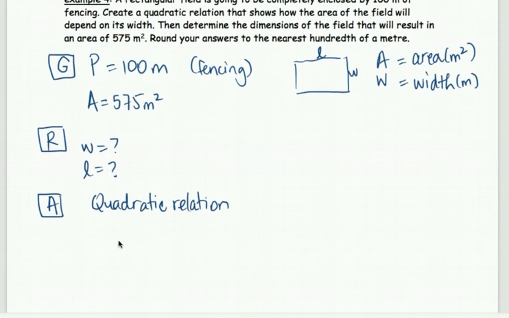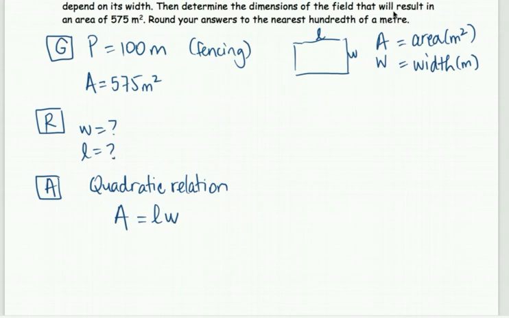How do we go about doing that? Area is always length times width, so we know the equation for the area of a rectangle. What do we know about the width and the length? The perimeter, adding up all the sides, equals 100 meters.